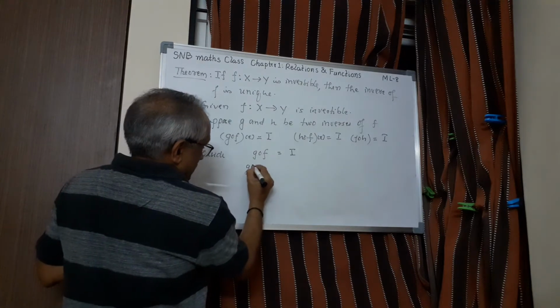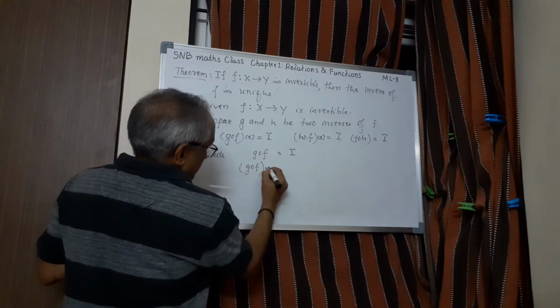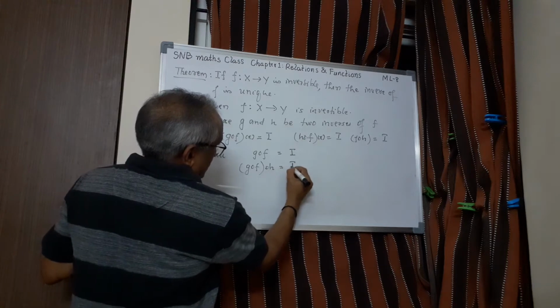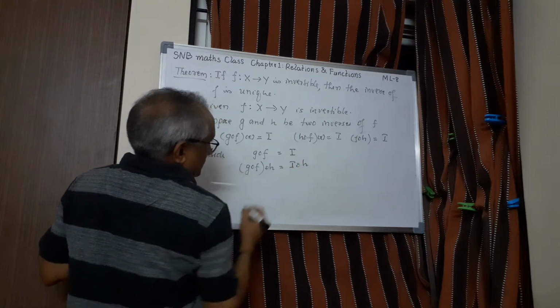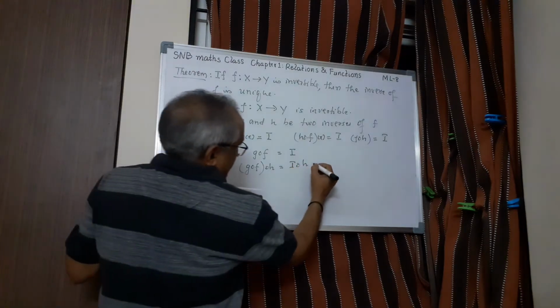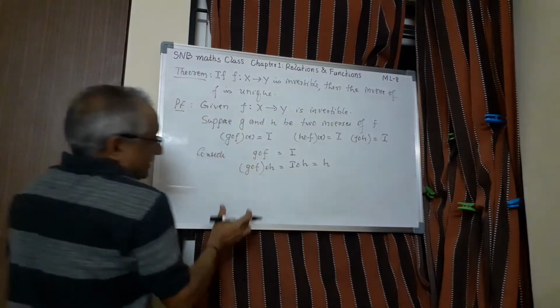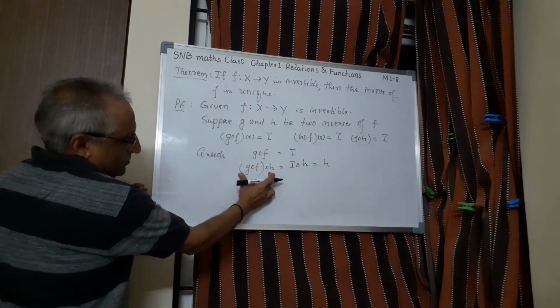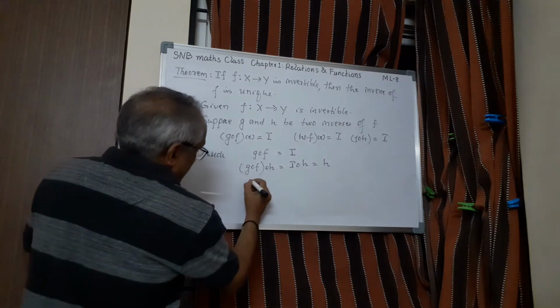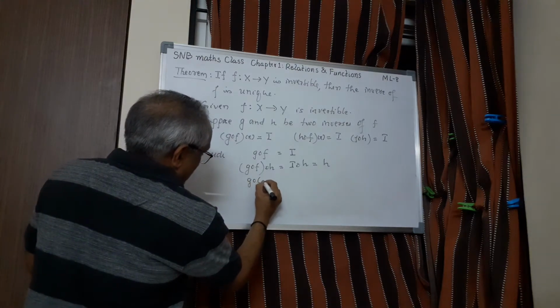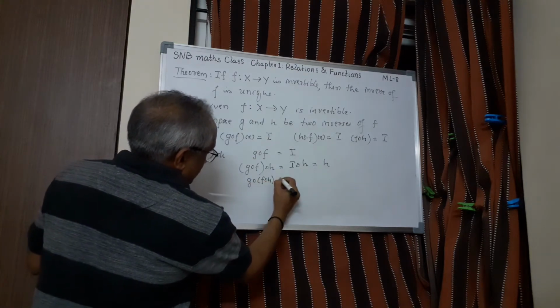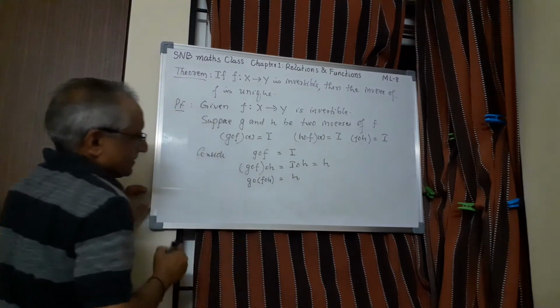Therefore g of f of h will be equal to I of h. But I of h is h only. This is h. Here now I can use associative property.